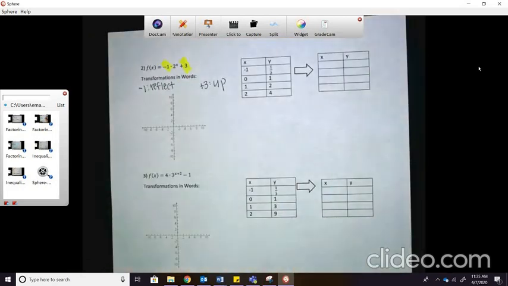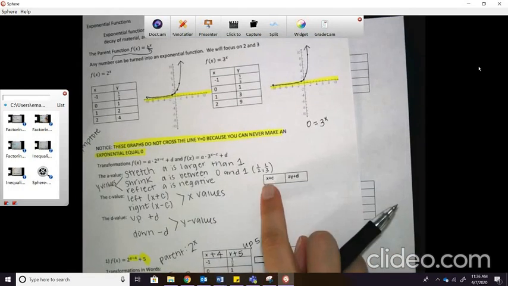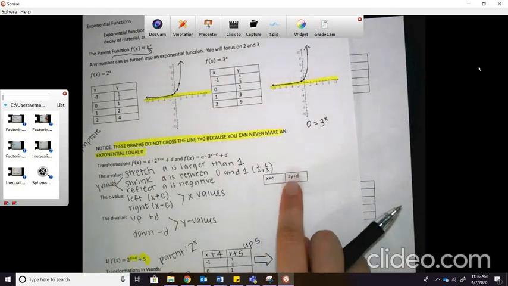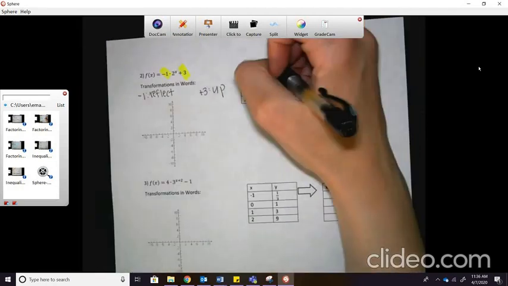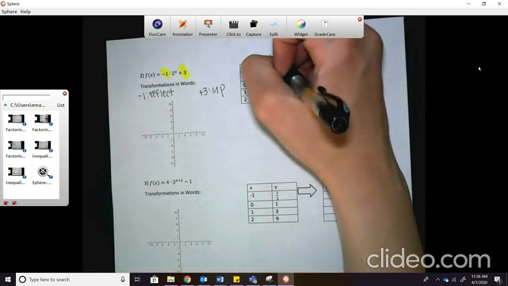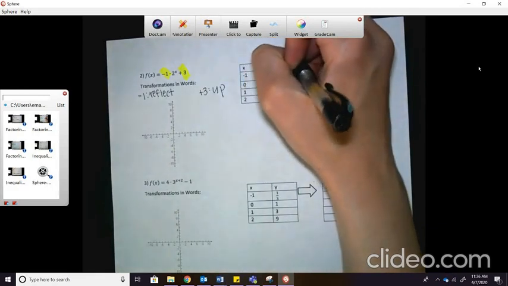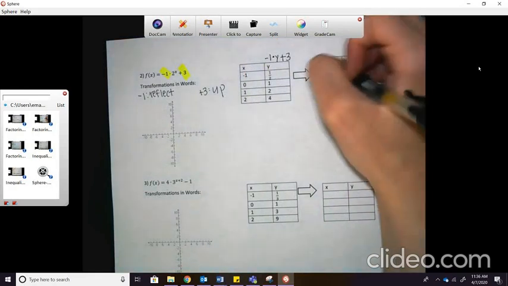So if I'm reflecting and I'm moving up, I want you to look carefully. The only thing that affects x is c, and we don't have a c value. So both of these are going to affect y. So I'm going to multiply all of my y's by negative 1 and then add 3. My x's are going to stay the same.